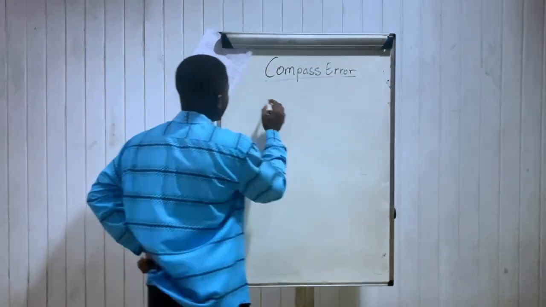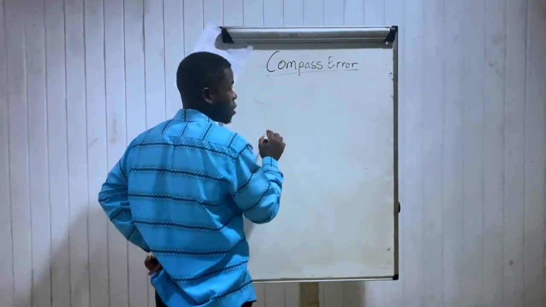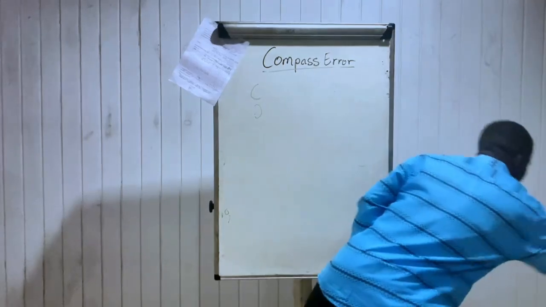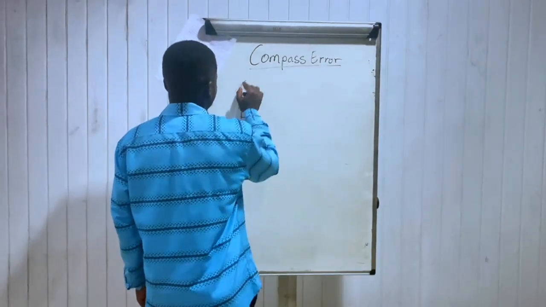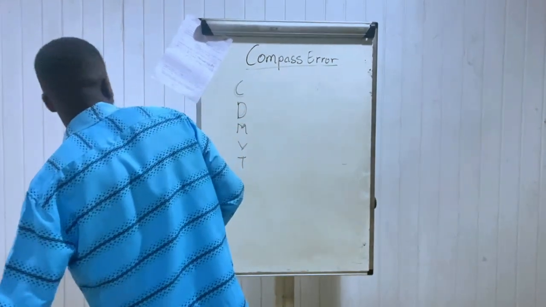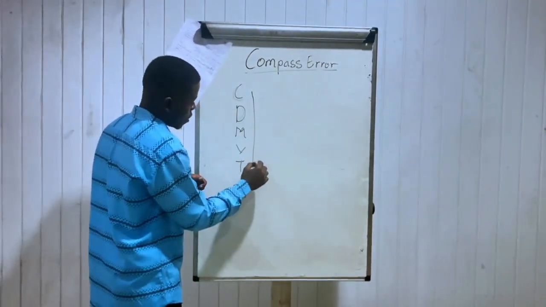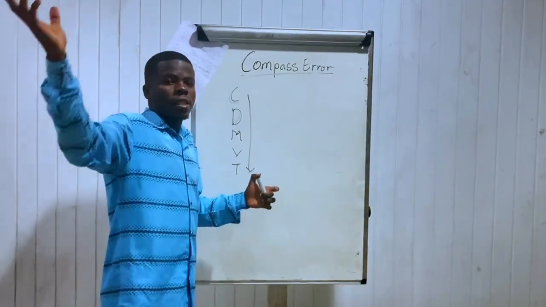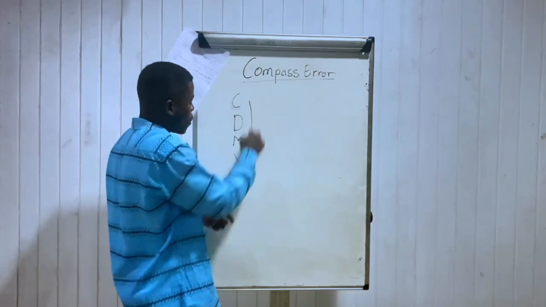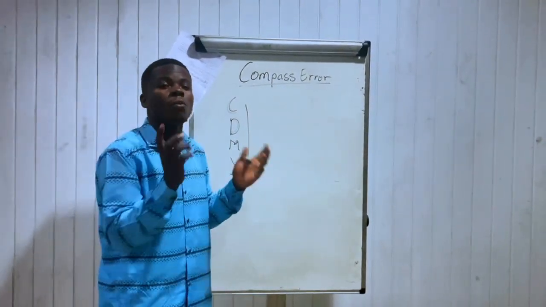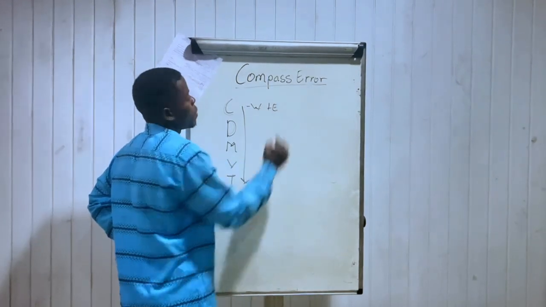So moving from compass to true, my east is plus and my west is minus.